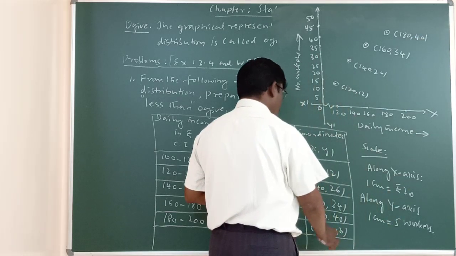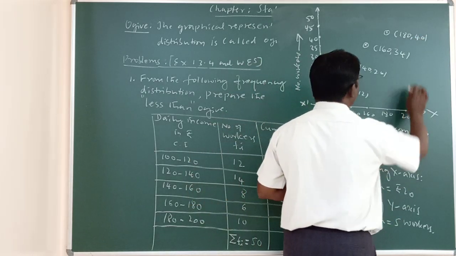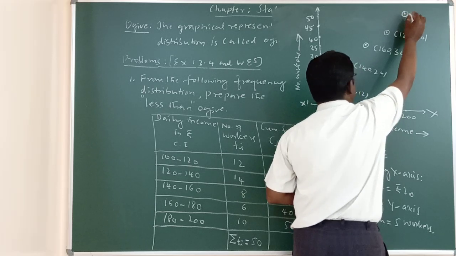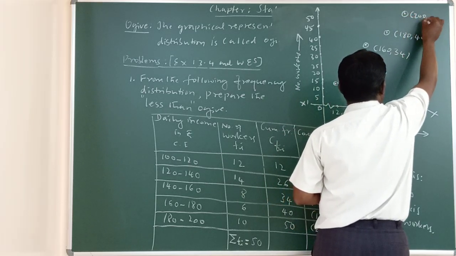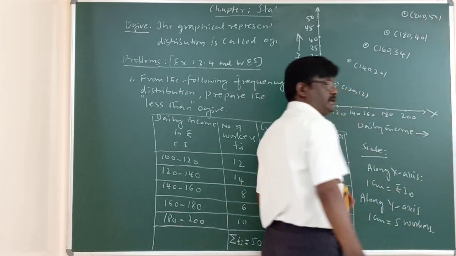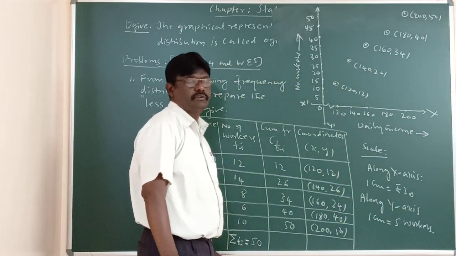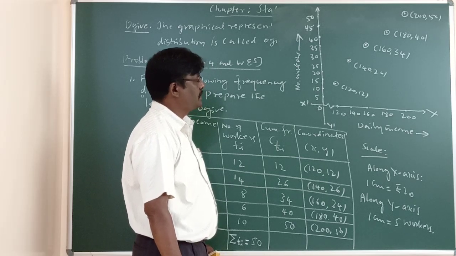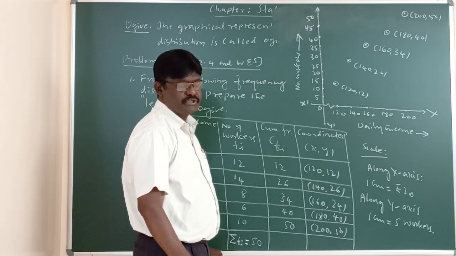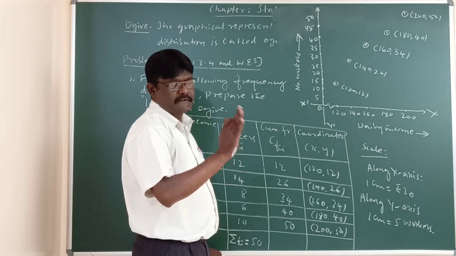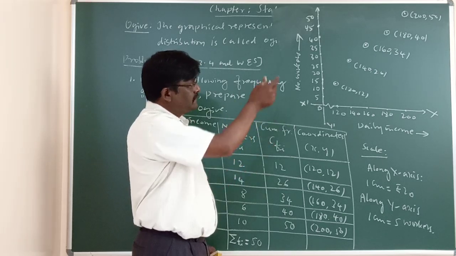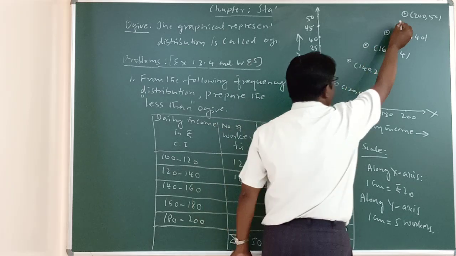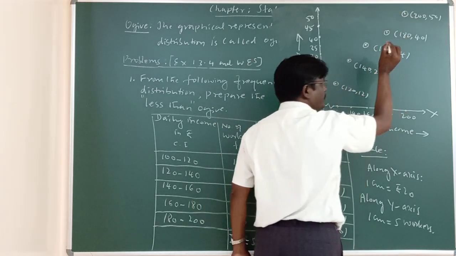Next, 250. So now the points are ready. We have marked the points on the Cartesian plane. Now, sometimes you find it very difficult, so to some extent a scale can be used, or just join these points by hand.